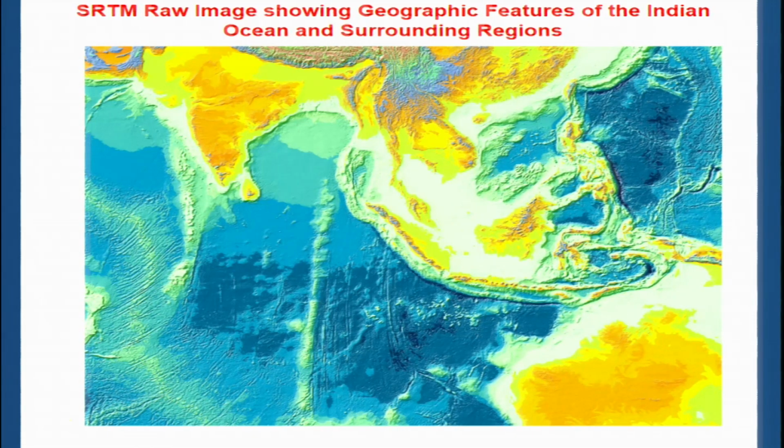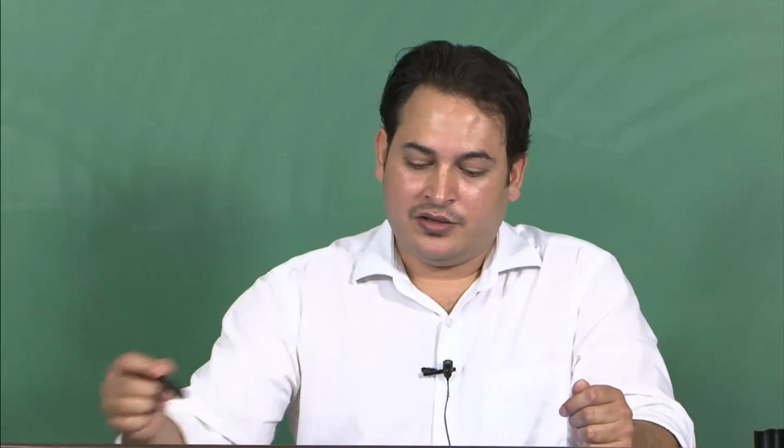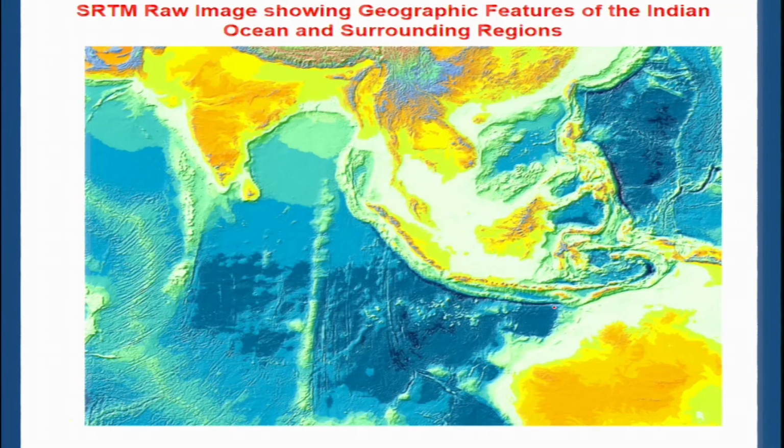So for this we have to trace the important features that we are able to see on this map. First we have to trace all the features to make this map more informative. Then we collect some other information about this region from other sources also, so that this map becomes informative and we can extract maximum information out of that.